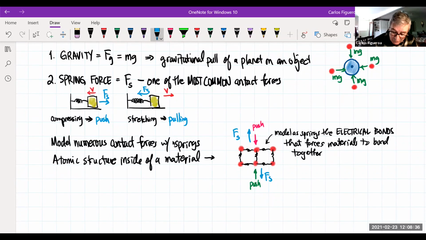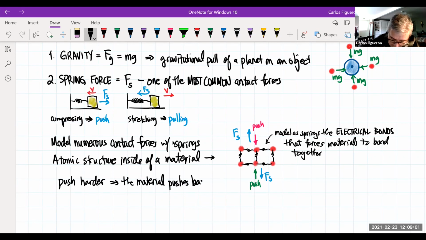So here's what you find here. If I look at the spring force here, it goes something like this. So if I push harder, the material pushes back harder.